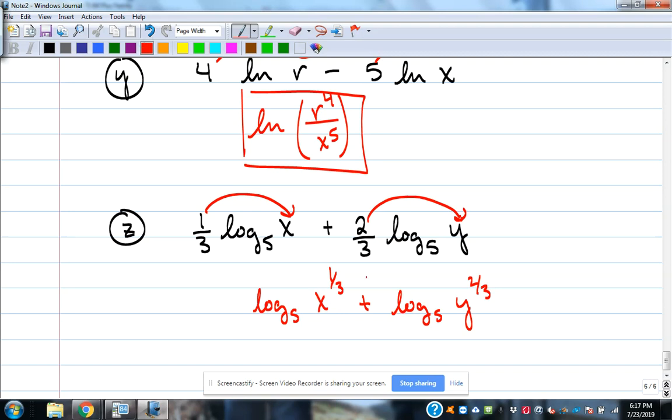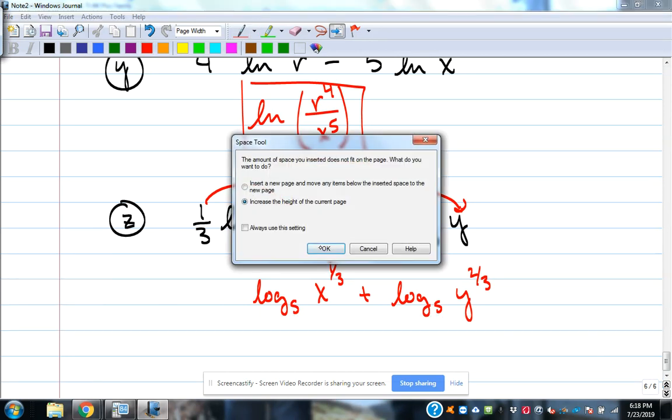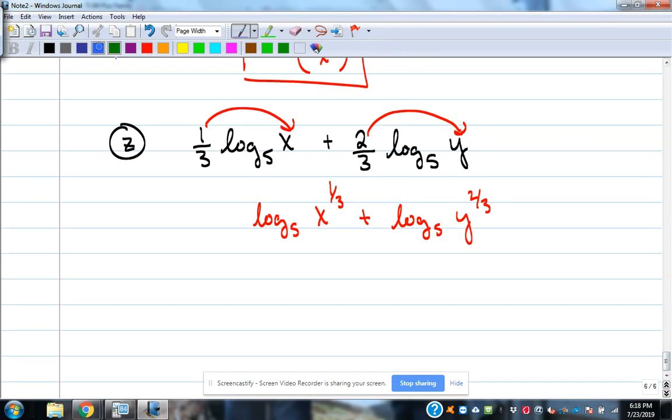Now, it's addition, so that tells us that it's multiplication, right? So that's going to be log base 5 of x to the 1/3 times y to the 2/3.